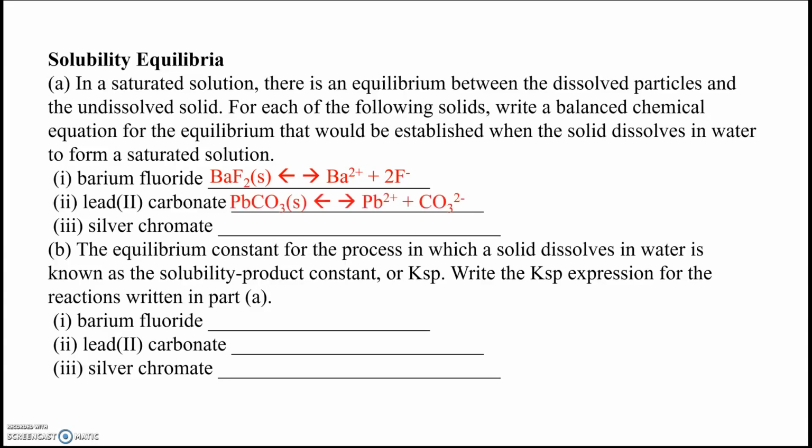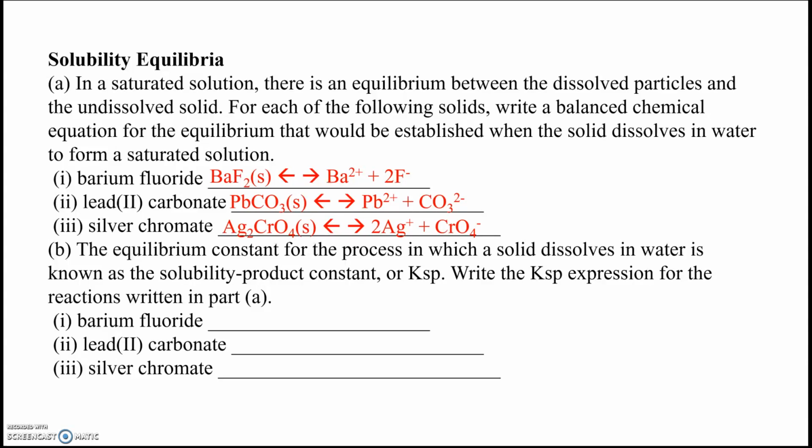So I can write for all 3 of these a dissolution of the solid into its component ions. And the reaction equations look like this. And it's an equilibrium. It doesn't happen a lot, but it does happen a little bit.